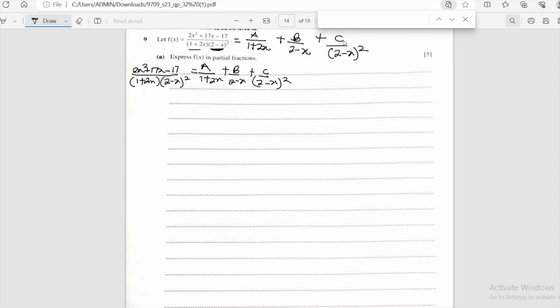Now the LCM of this expression is the same thing as the original denominator of the question. That will be the LCM.